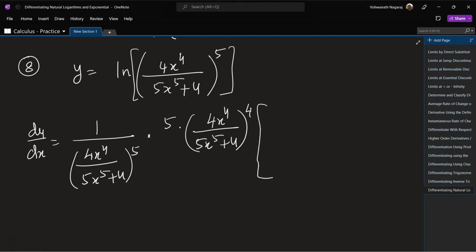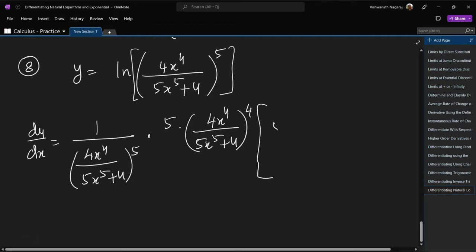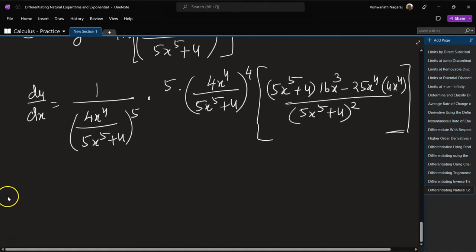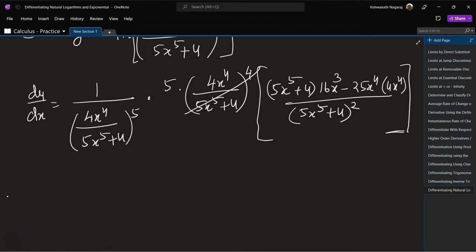And now the inner bracket. Quotient rule. So 5x to the power of 5 plus 4 as it is, and the derivative of the numerator. So 16x cube minus 25x^4 times 4x^4 divided by 5x^5 plus 4 square. Okay, now here we have 4 to the power of 4, here we have to the power of 5, so 1 is left.